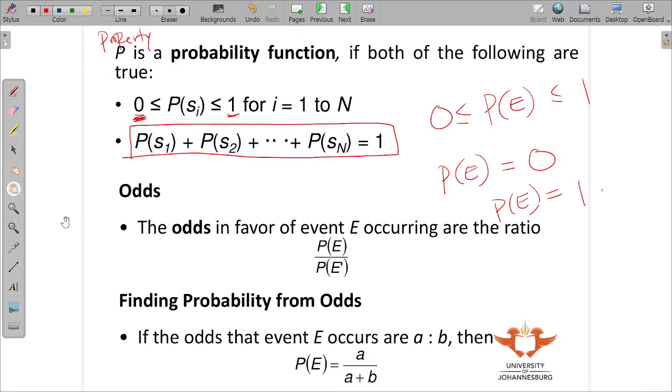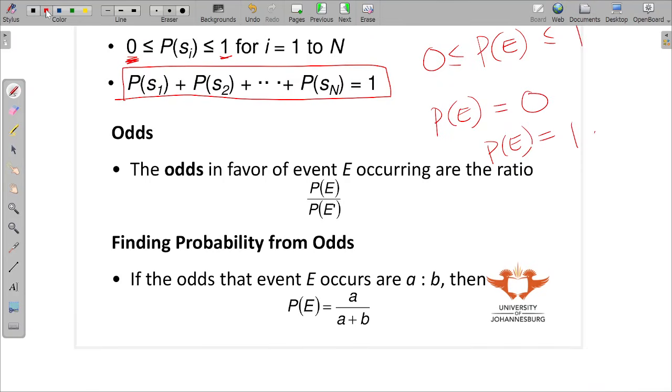Now we are dealing with what we call the odds in favor of an event. The odds in favor of an event E occurring is given as the probability of E over the probability of E complement. Don't forget that.